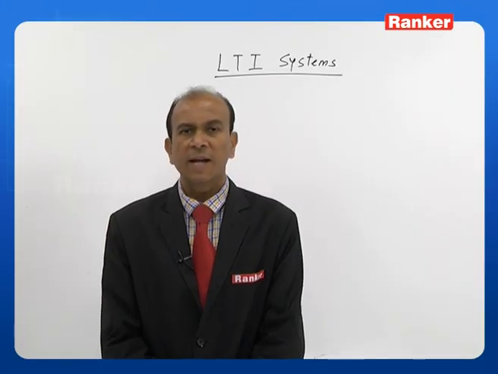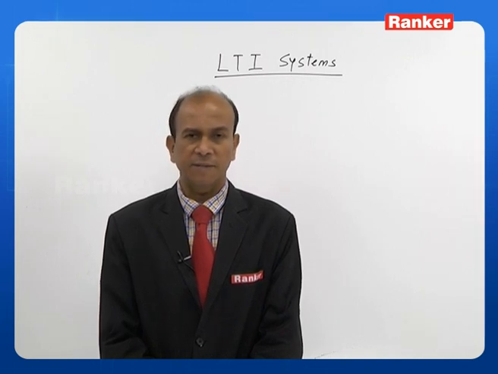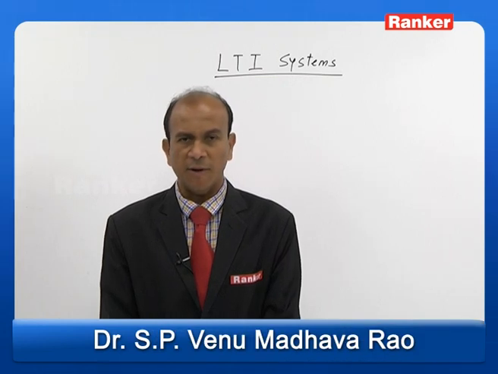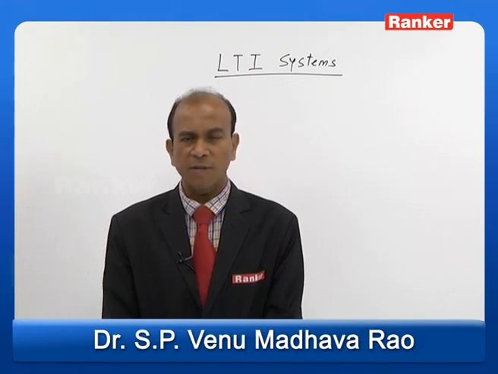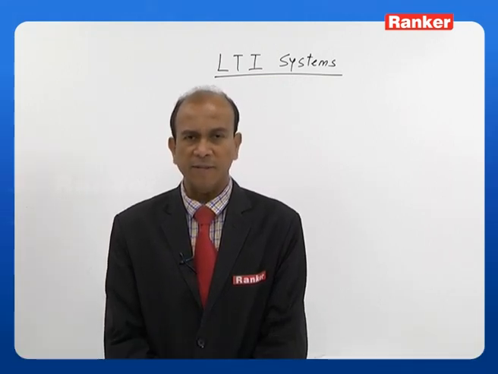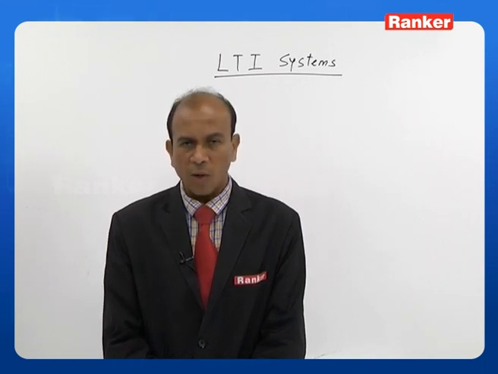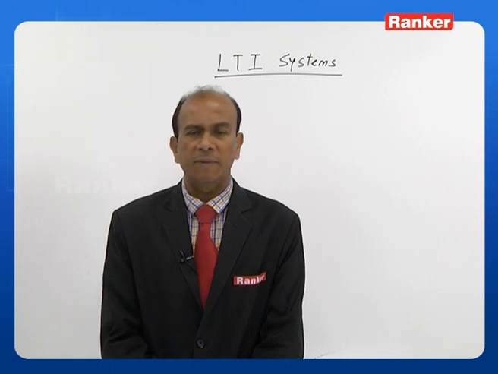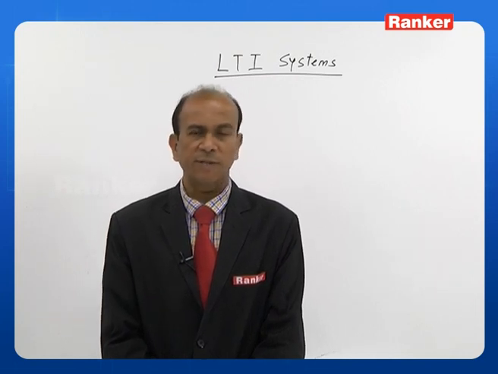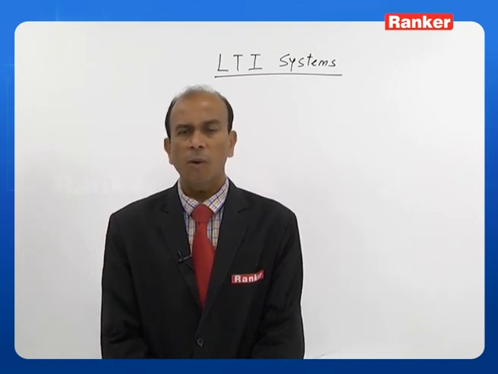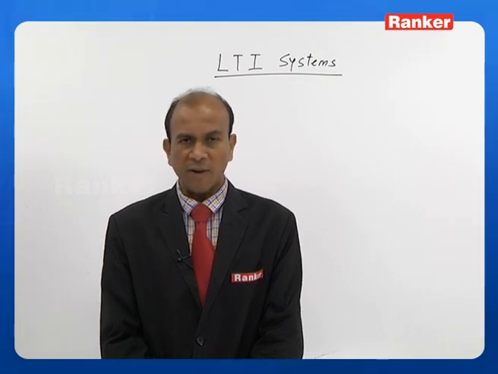So, this is how you define whether an LTI system is BIBO stable or not. So, the system is said to be BIBO stable, and if it is diverging, that is the value is not converging, then the system is said to be an unstable system.